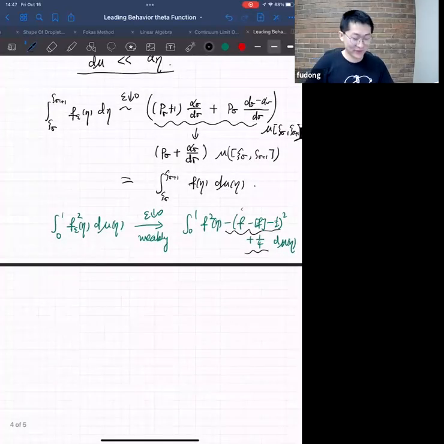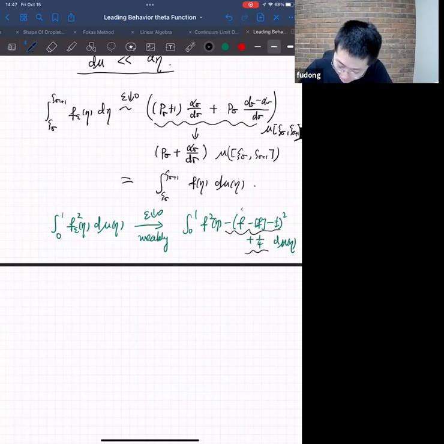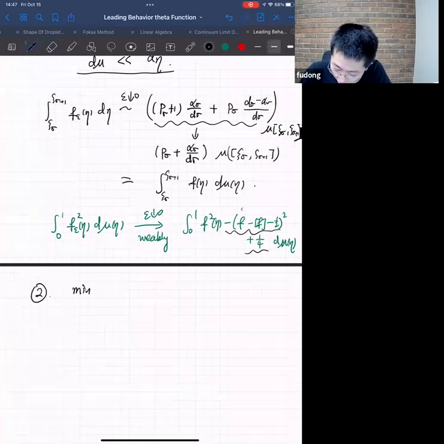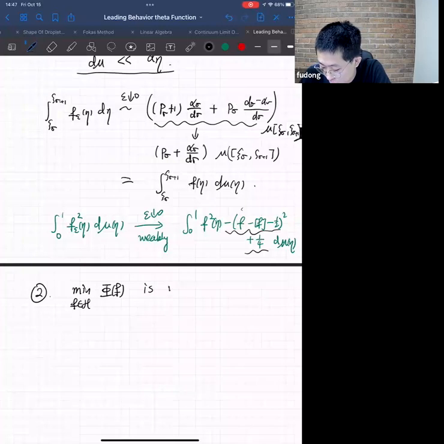That's the first step. After that, we have 2 more questions you need to answer. The second, you need to figure out: is this well defined? Meaning, does the minimizer exist or not, and is it unique?